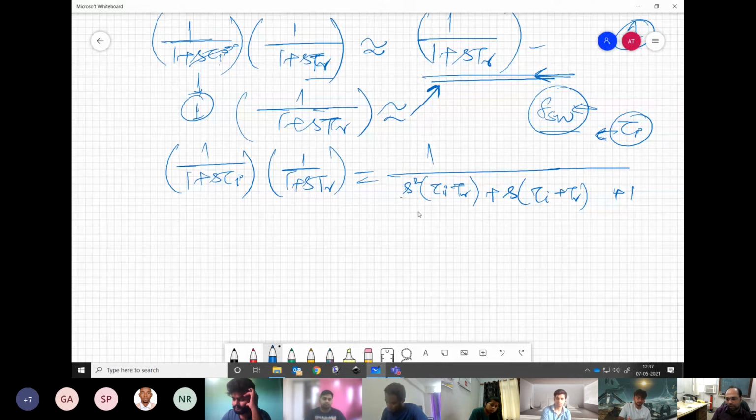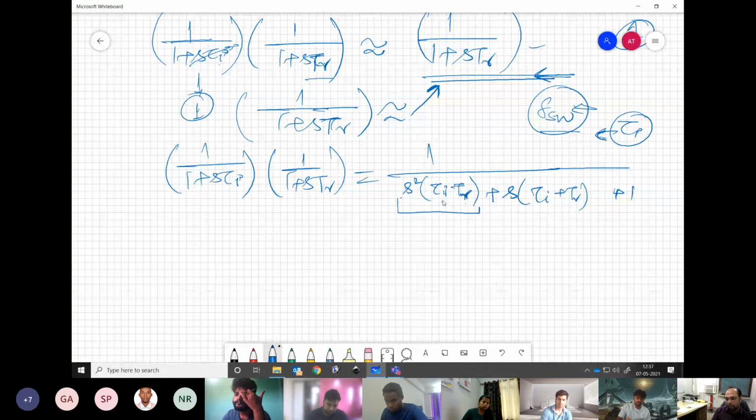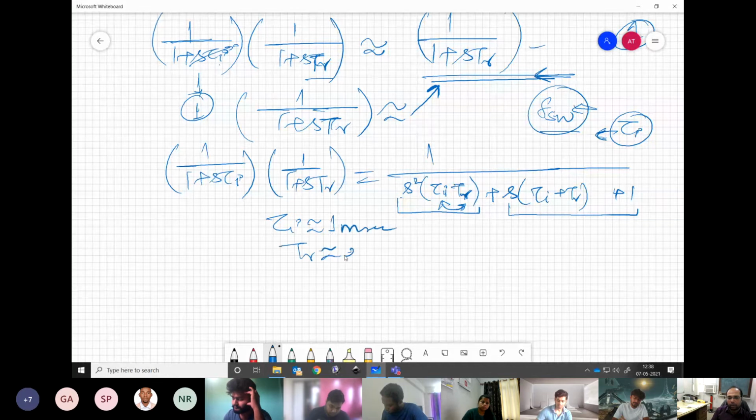Now this term that is coming for s squared has tau I into TR. Both the components being small, the product will be even smaller. Understanding my point? Smaller compared to what? Smaller compared to the other terms sitting over here. If, let us say, tau I is something like 1 millisecond and TR is something like 20 milliseconds, the product will be something like 20 microseconds.